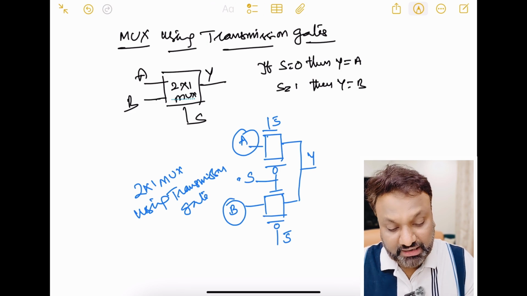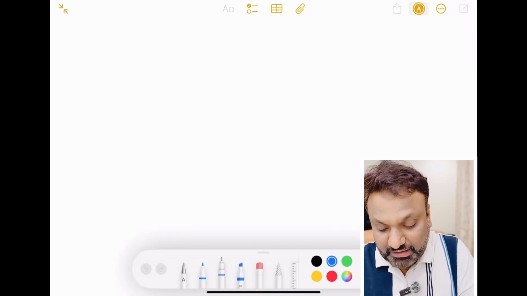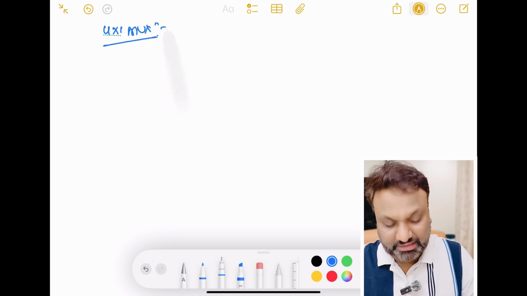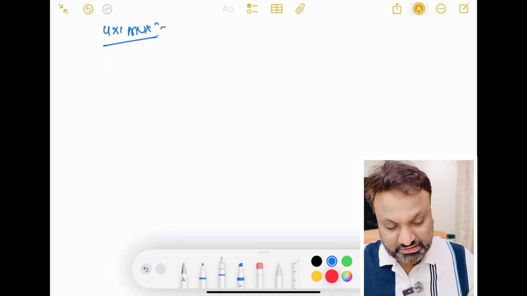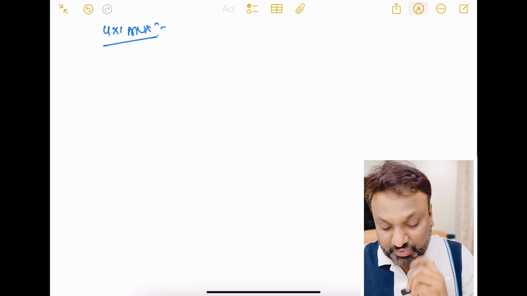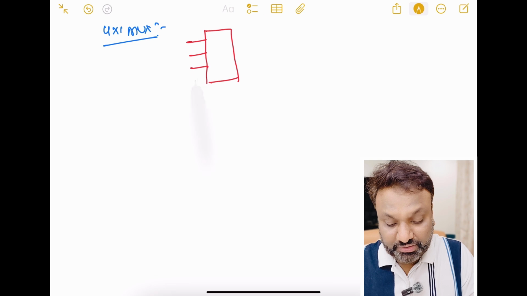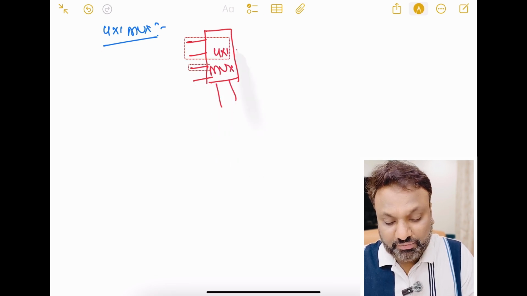Similarly, we can implement a 4x1 multiplexer using transmission gates. How to implement? For a 4x1 multiplexer I have 4 inputs, 2 selector lines and 1 output.